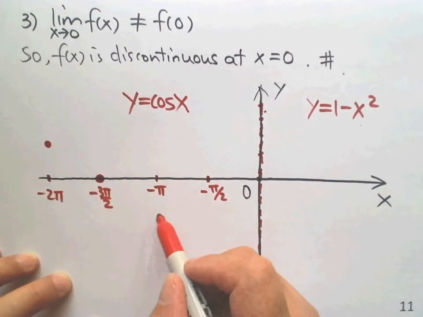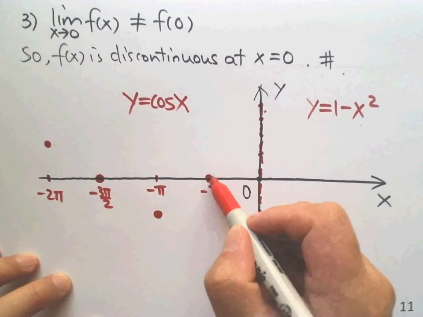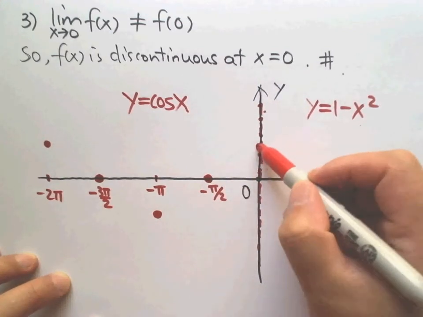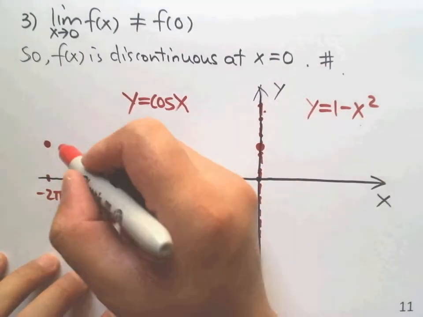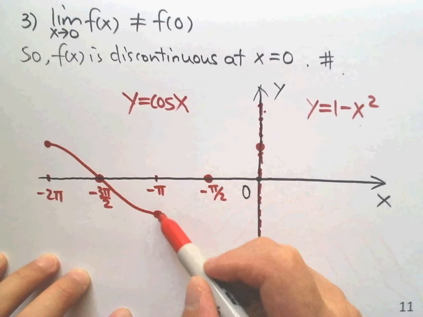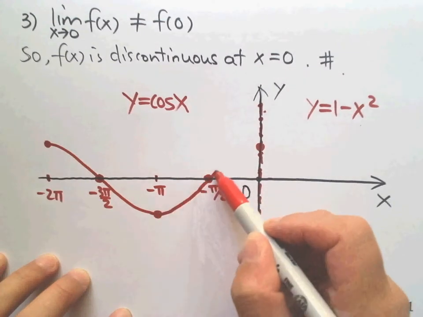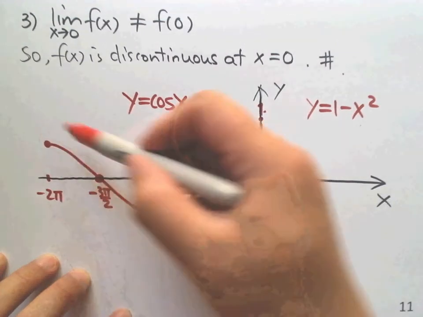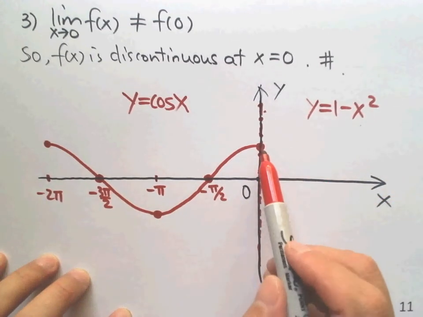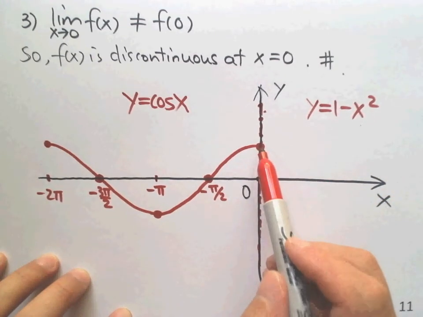So this is 1, then down to 0, down to negative 1, then goes up to 0, goes up to 1. And then I link this together like this. Good. It's like a parabola, right? So this is the cosine.